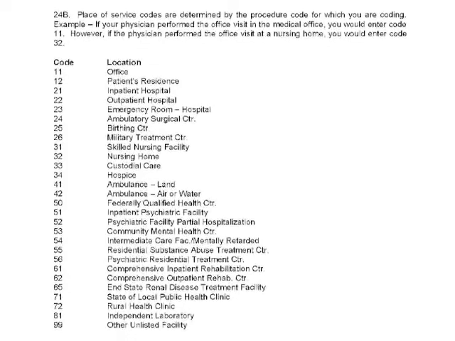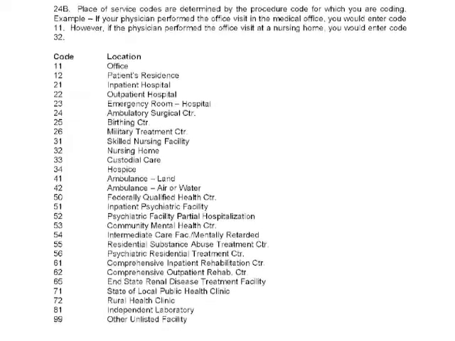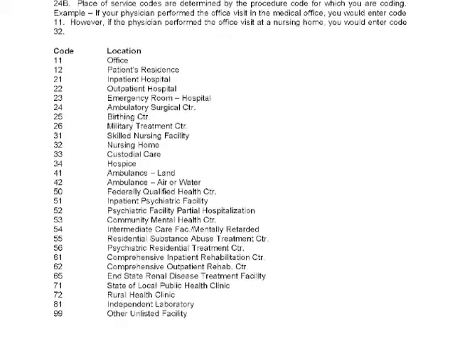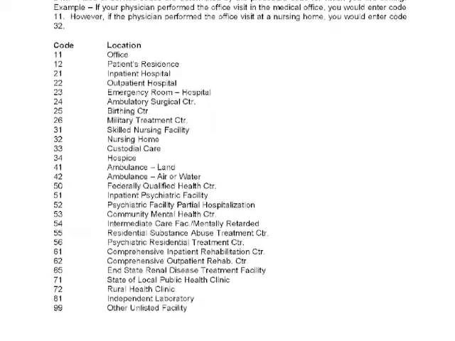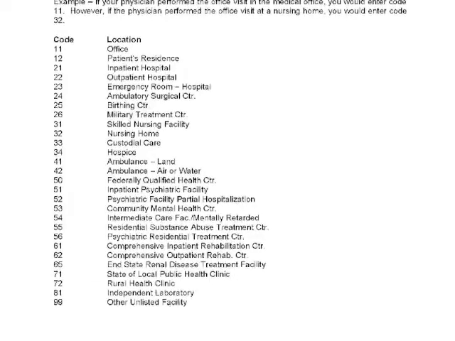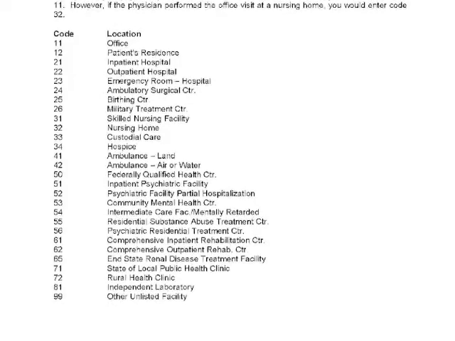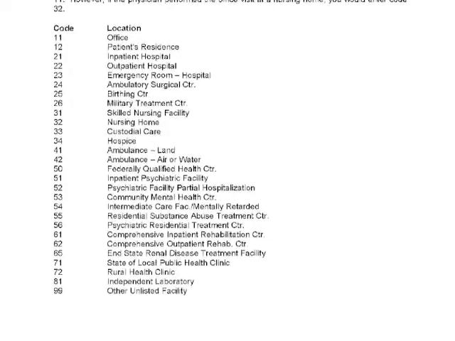It's on land, like on the roads. 42, if you take an ambulance by air or water. 50, federally qualified health center. You've heard of family health centers that are regulated by the federal government, that receive grants and funding from the federal government, and they have that designation.